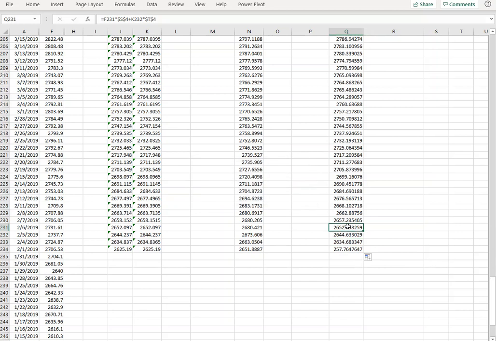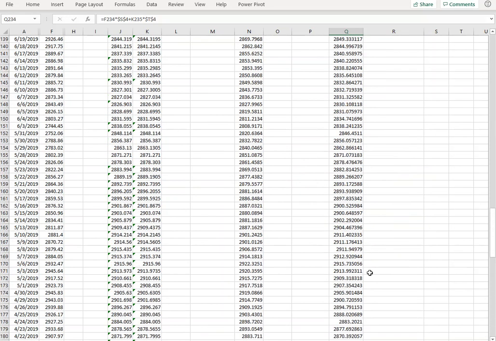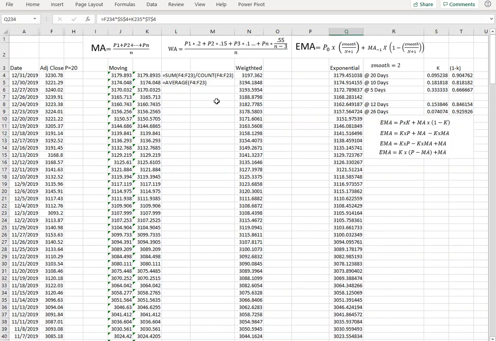But we can graph these out and start looking for crossings where we see maybe a moving, crossing a weighted, crossing the exponential as perhaps a buy or sell indicator. We could also use the simple moving average as a reference point and look at a gapping between the weighted and exponential. There's a bunch of different things we could come up with, but I just wanted you guys to see the different ways you can calculate the exponential moving average relative to the simple or just the moving average, and then get an idea of a weighted average.